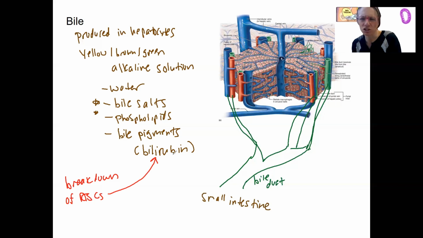We'll see that in a moment, but this should make sense, right? We are putting bile into the small intestine. The small intestine is going to enter the large intestine and produce feces. So it's a way of getting rid of this toxic substance. It's not the only one, but it's a main one. And high bilirubin is a clinically relevant thing to look at.